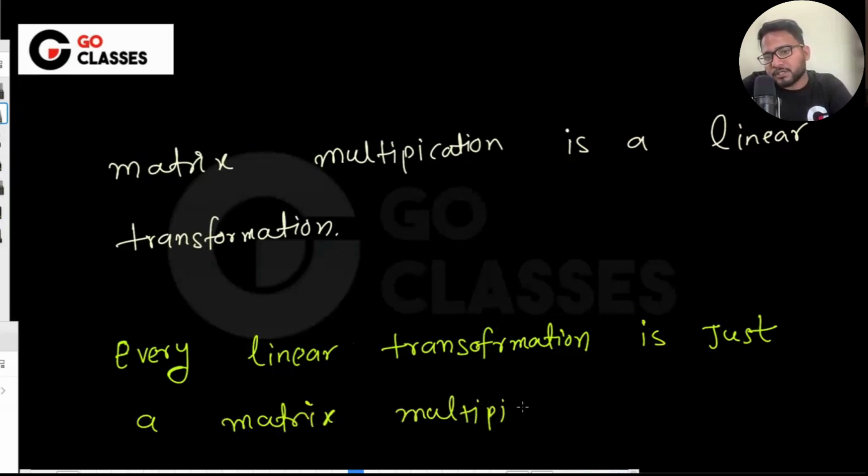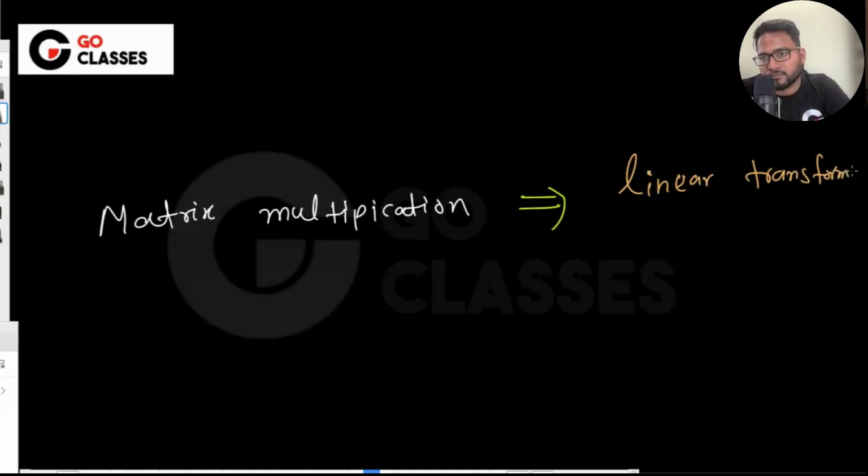Which means it is both ways, in the sense that if it is a matrix multiplication, then it is a linear transformation. And if it is a linear transformation, then also it is a matrix multiplication.